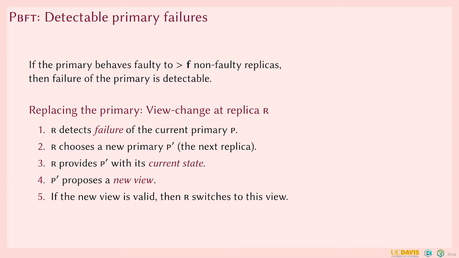So this new primary gets the current state of each of the replicas that says that the primary is faulty. And based on this current state, the new primary will determine what happened in this view and propose a new view in which it will propose its own request. And if I get such a new view message, then I switch to this view if it's valid. And otherwise, the new primary is faulty and we repeat the process.